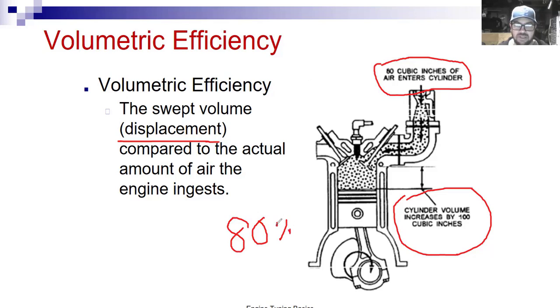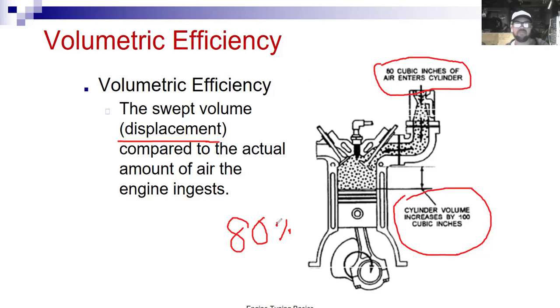Now, for old engines back in the day, 80% was pretty good. Most vehicles today are going to be in the mid 80s up to the low 90s. Cars that are turbocharged or supercharged, where we're pushing the air fuel mixture into the engine with some form of a compressor, can get over 100% volumetric efficiency.